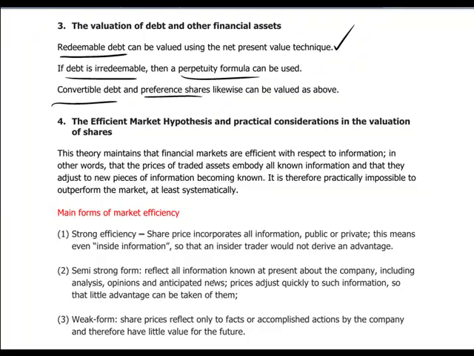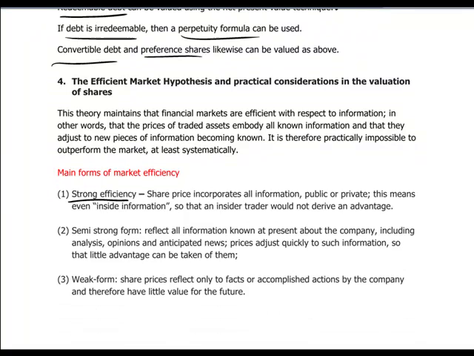If we have strong efficiency, then we're saying that pretty much everything known about a company will be reflected in the share price, and therefore it will be difficult to anticipate and react fast enough to take advantage of share price movements. On the other hand, if we have a weak form, this is the other extreme, weak form efficiency in the market, this suggests that share prices only adjust to actual steps that are taken by a company in the market.